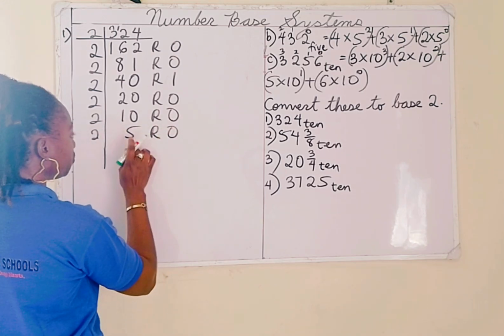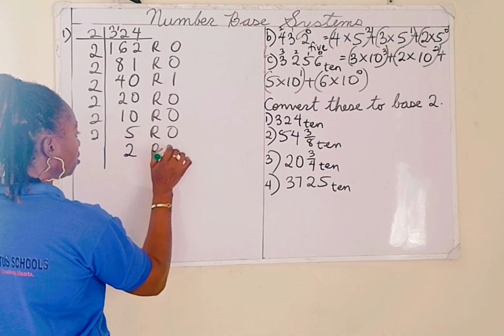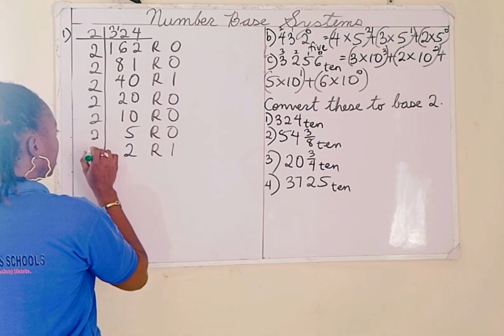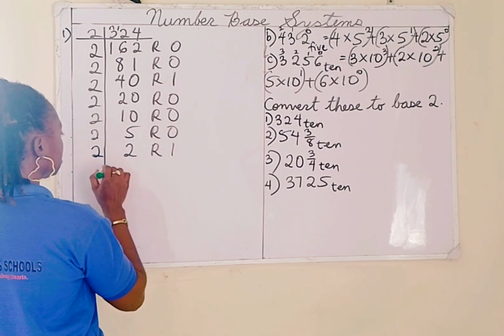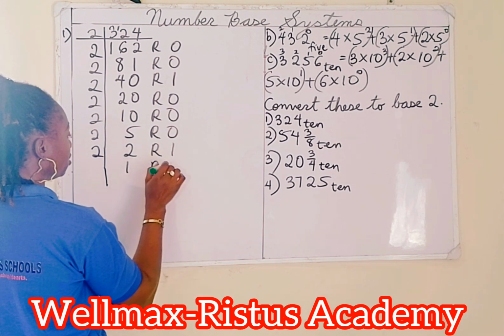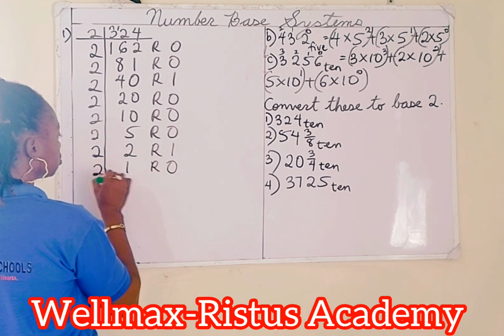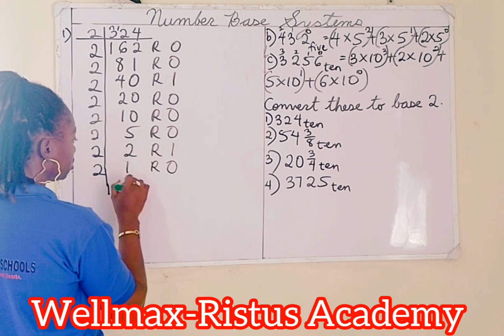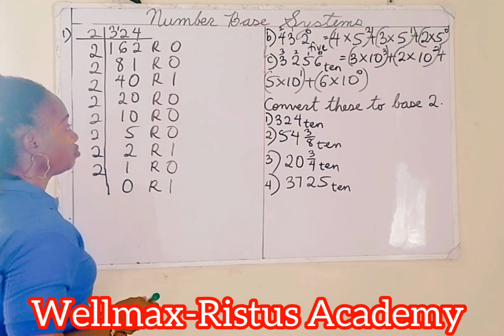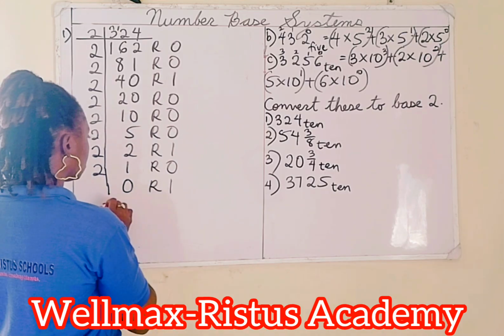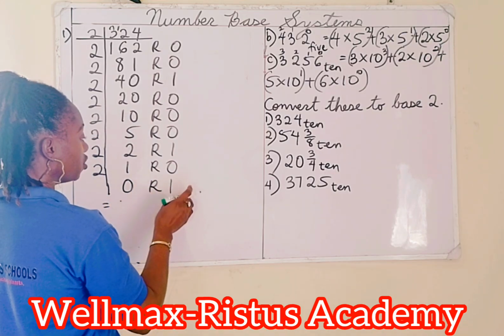And then 2 into 5 is 2, remainder 1. And then 2 into 2 is 1, remainder 0. And then 2 into 1 is 0, remainder 1. And your answer is, you start counting from what?